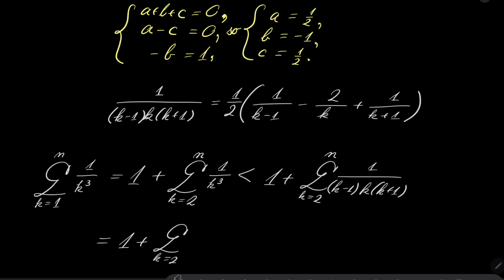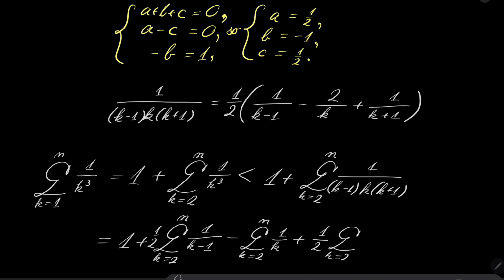So we have 1/2 times the sum from 2 to n of 1 over k minus 1. Then we have minus the sum from k equals 2 to n of 1 over k. And finally, we have 1/2 times the sum from k equals 2 to n of 1 over k plus 1.